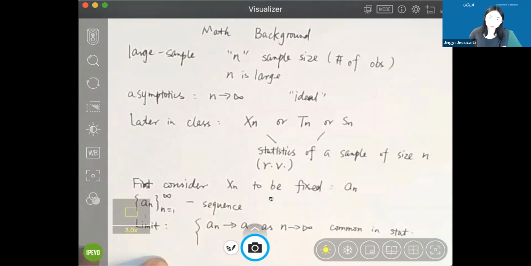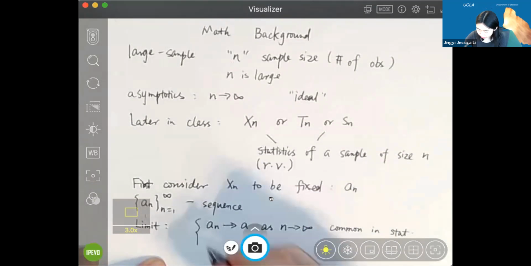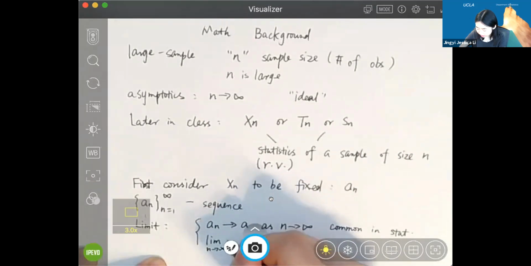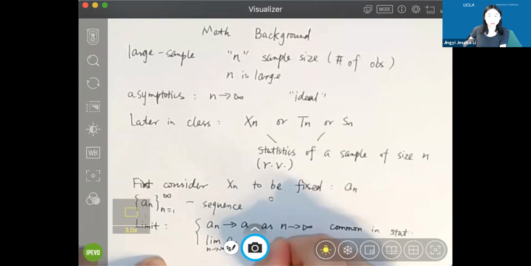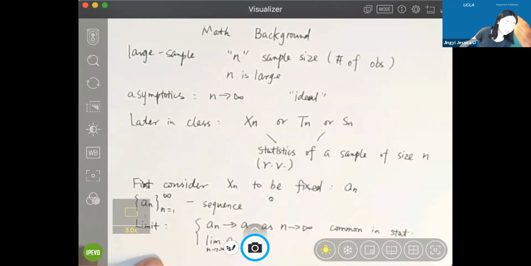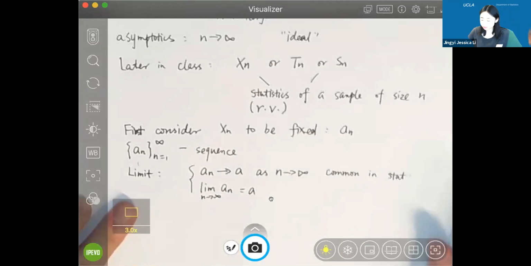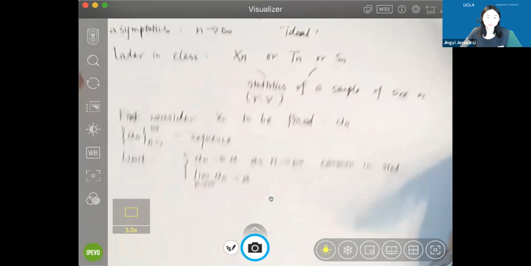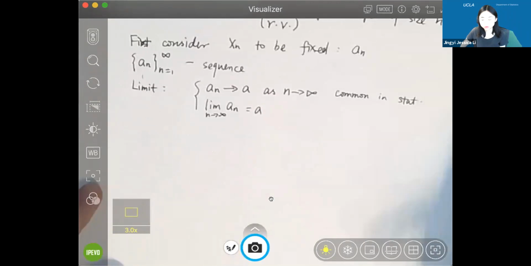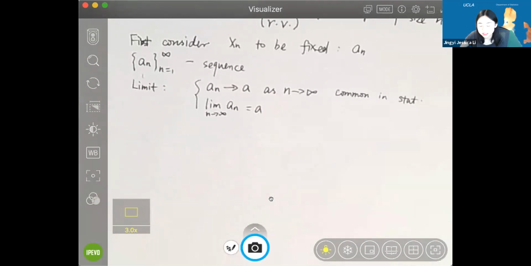But when you took a calculus class in mathematics, we often see the limit notation. That is, we write the limit as n goes to infinity of an is a. These two things are equivalent. It's just that in statistics, we use the top one a little more commonly. Okay, then how do we mathematically define this limit, right?